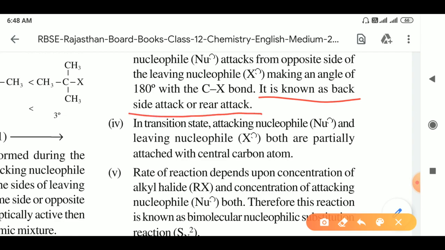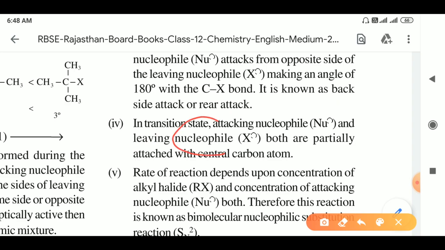Clear? In the transition state, the attacking nucleophile and leaving group are both partially attached with the central carbon atom. That is the transition state, which is highly unstable. Why is it highly unstable? Because here carbon is pentavalent.